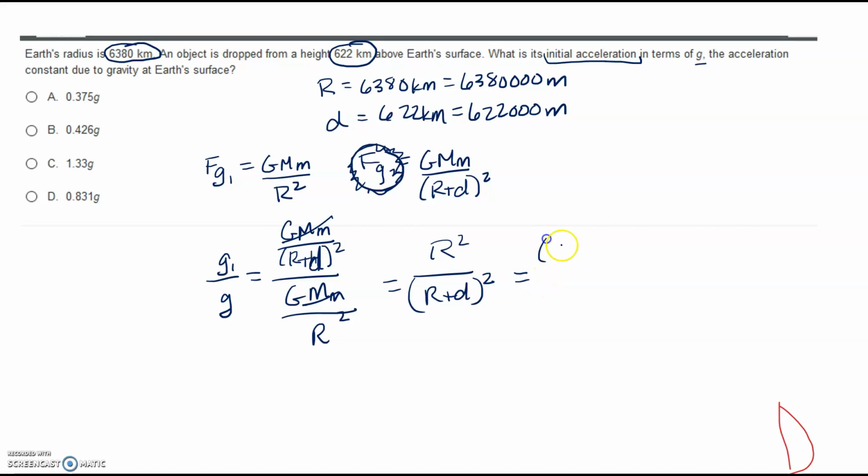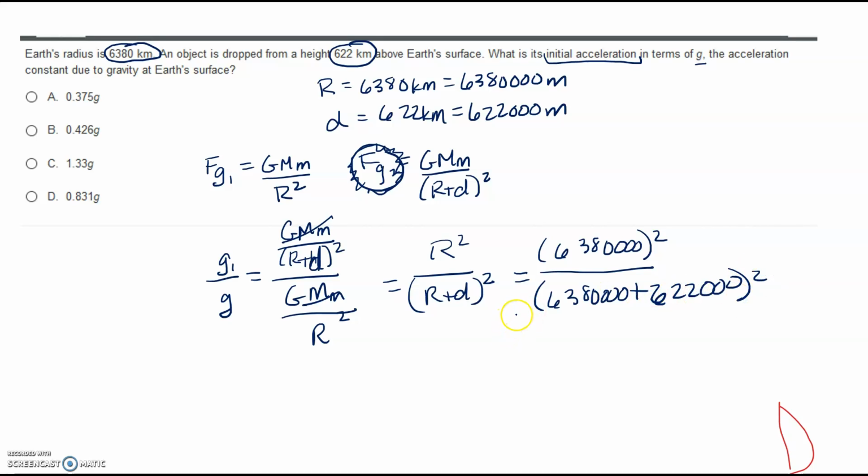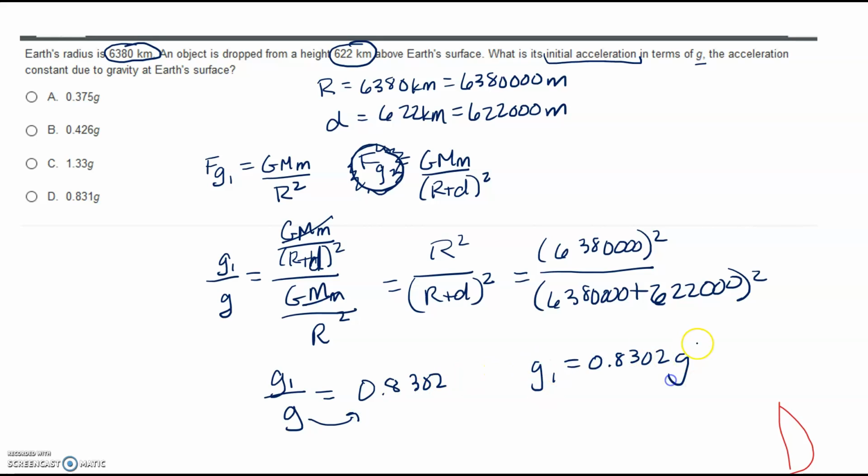Which, when I plug in numbers, so I have G1 over G is equal to 0.8302, and I'm going to multiply this G over here so that I get G1 equals 0.3, which is this one.